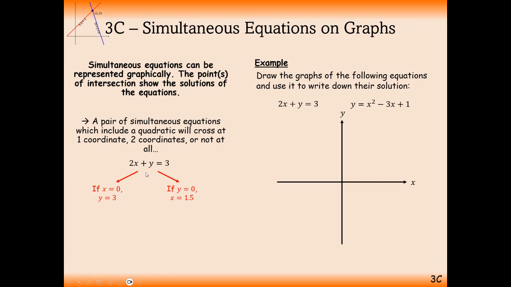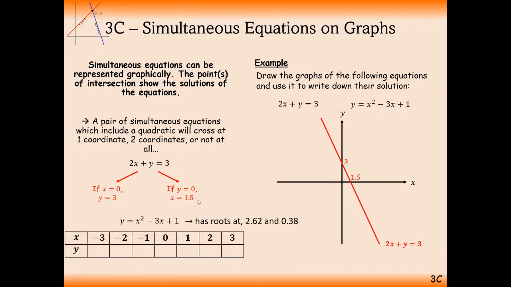You substitute x equals 0 and y will be 3, and y equals 0 gives us x is 3 over 2. Then you just plot them and join those intercepts with a straight line. Then you need a table of values for the coordinates of the quadratic, and you find the intersection point and read it.